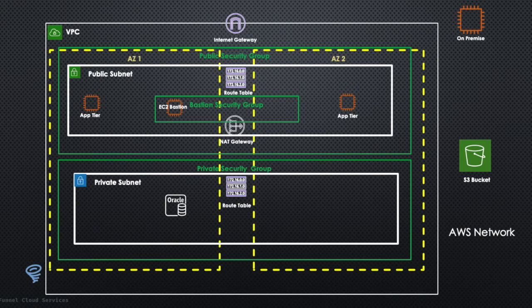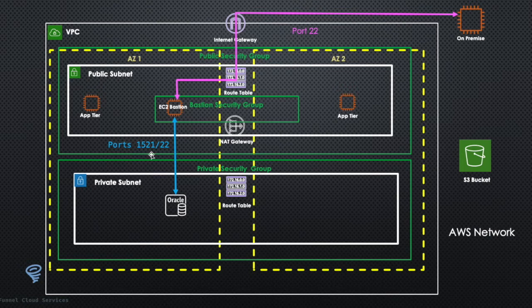So the firewall rules allow us to go to this Bastion host. We'll grab the IP address on the on-prem solution, and then the security groups will allow us to communicate through port 22 to this Bastion host, which is on the public subnet. And then from there, there are security rules that will allow us to go from the Bastion to the database.